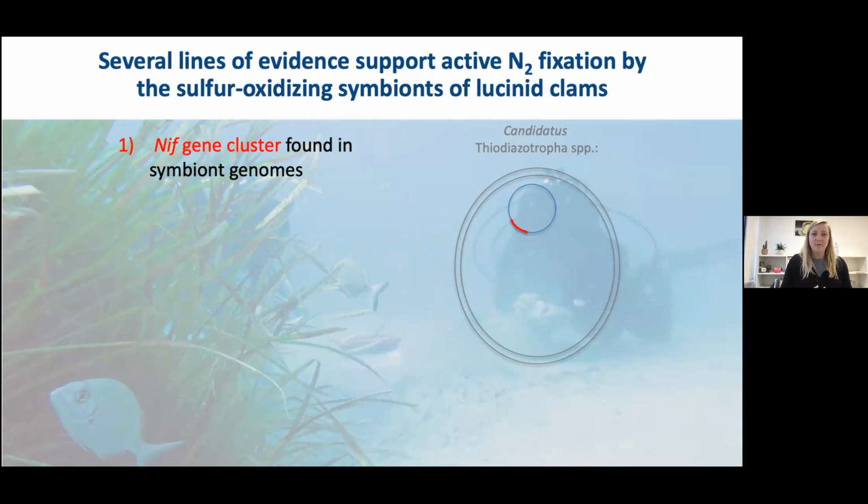And unexpectedly, we found a NIF gene cluster, which is the cluster that's responsible for biological nitrogen fixation. And this was surprising because at the time that we sequenced this genome, there were many genomes available for chemosynthetic symbionts from all over the world in many different habitats, and none of them had been shown to be capable of fixing nitrogen. They were all capable of fixing carbon, but this was the first one that was also able to fix nitrogen.